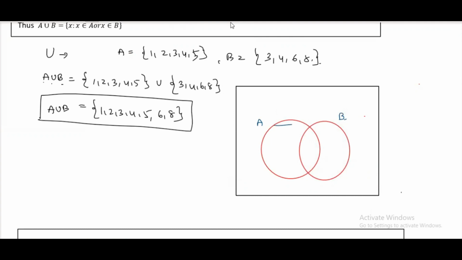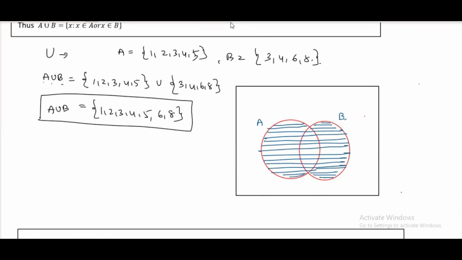So A union B means this total shaded part is called A union B, meaning the elements present in A and the elements present in B. So this total part is called A union B. So diagrammatically, using the Venn diagram, this is how we represent A union B. If you take the elements, the common elements in both are 3, 4, so we write 3, 4 here, and 1, 2, 5 will be here, and the extra elements in B are 6, 8.